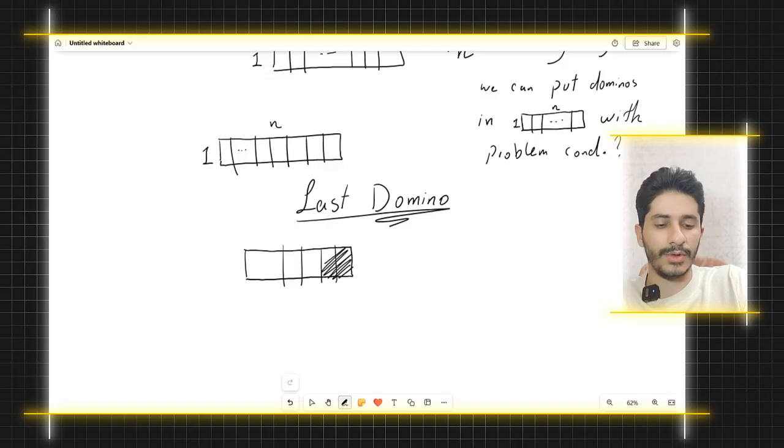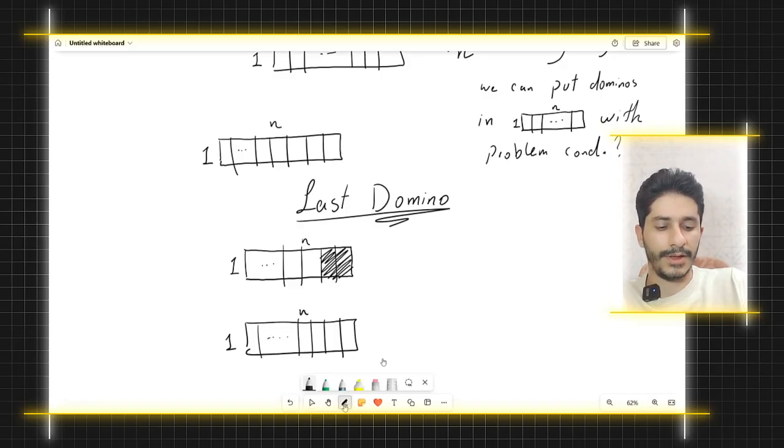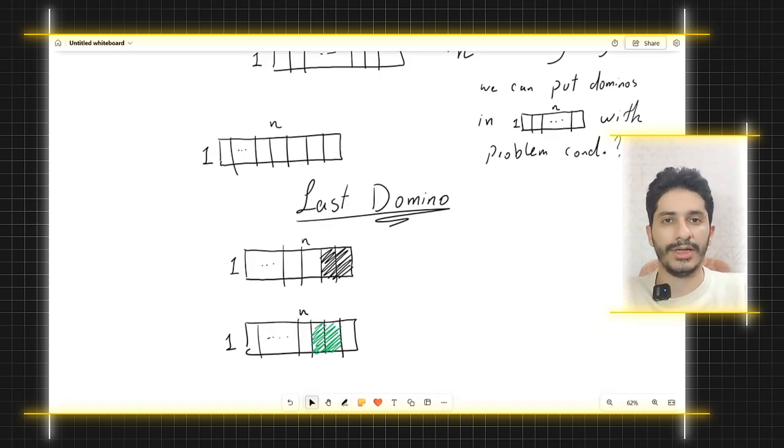Either the last domino is here or it's here. Let me change the color. So there are only these 2 possibilities. And the last domino can't be, for example, here, because again, we can put another domino here. Okay, so we have only 2 cases for the last domino.